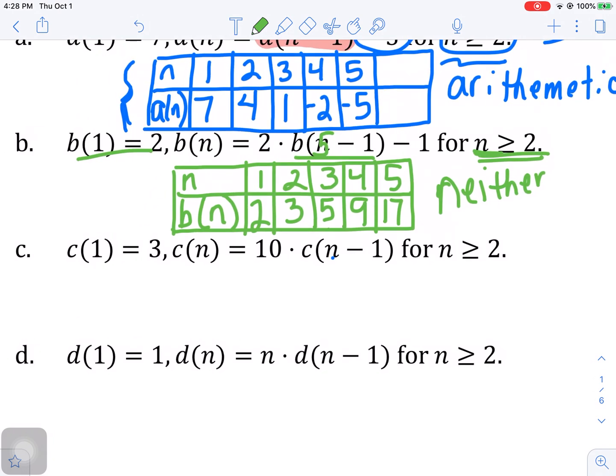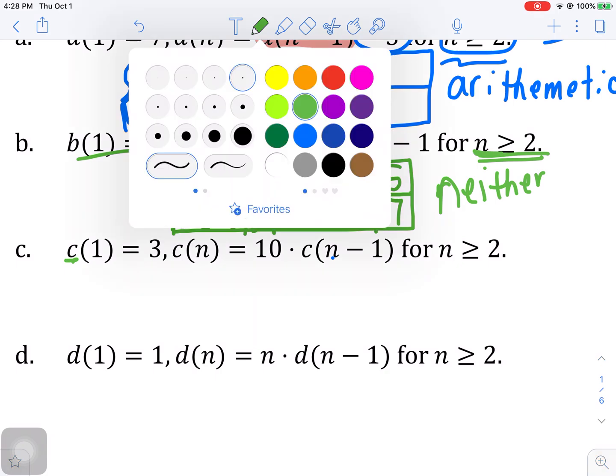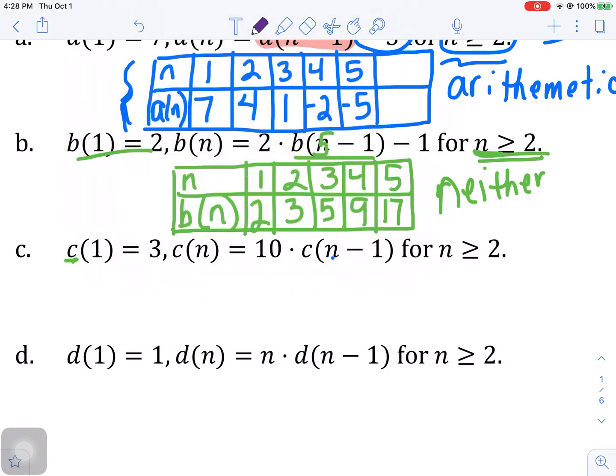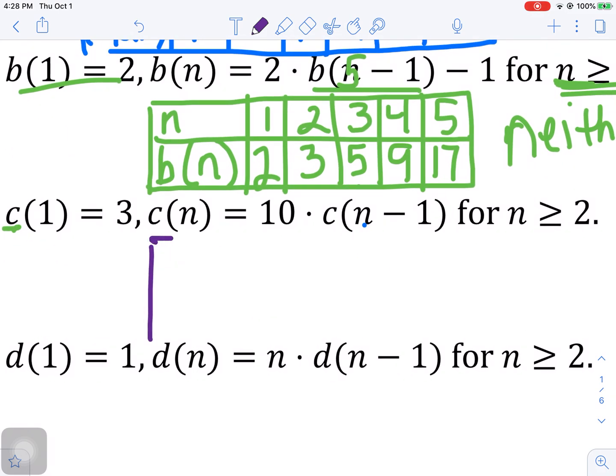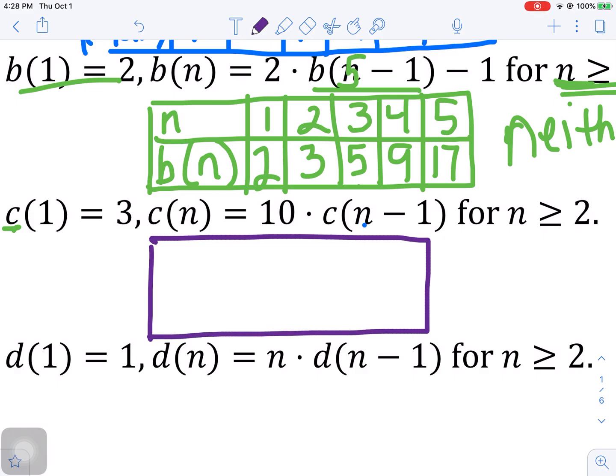Then for letter C, the function C, do the same thing. So build your table. So we'll put n on top and C of n on the bottom. That's like our x and y.